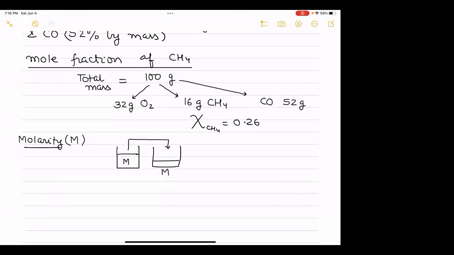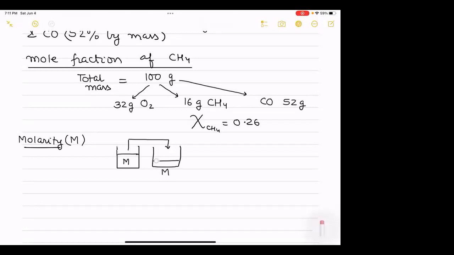The sweetness is going to be the same. Sometimes we taste the syrup or solution which we have made with the help of a spoon. The sweetness of the solution in the spoon is the same as that of the original solution. It is because the volume gets halved and the number of moles of solute also gets halved.